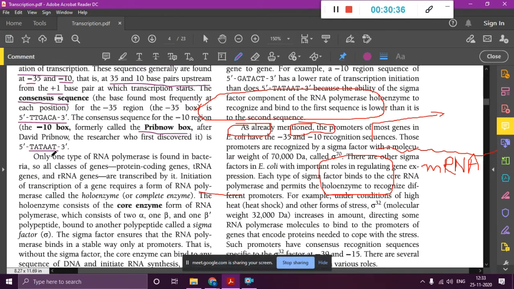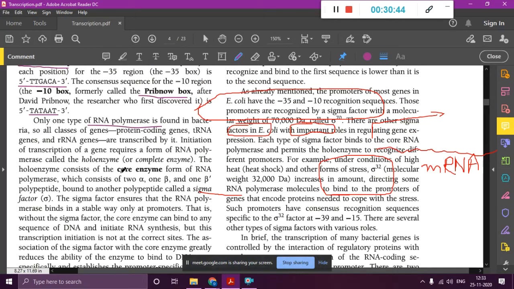In bacteria, only one type of RNA polymerase is found, and the complete enzyme is known as the holoenzyme.